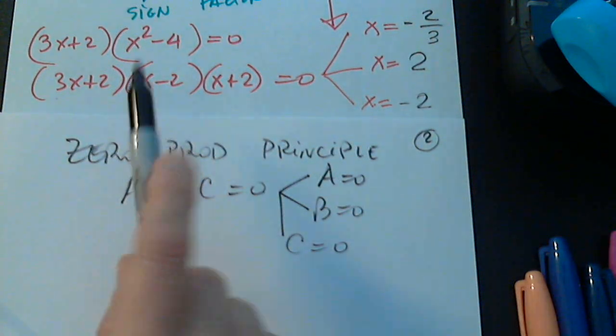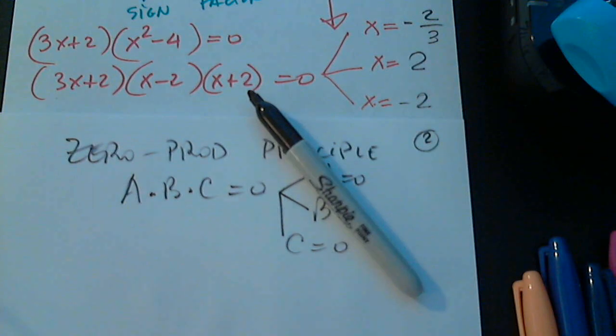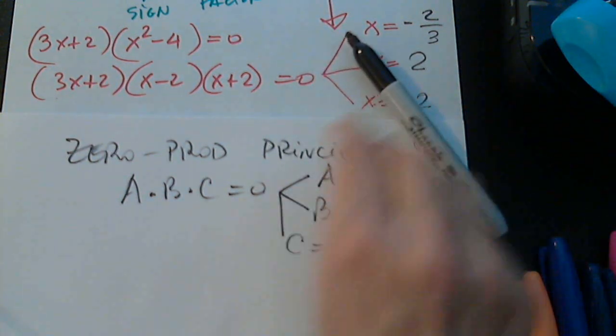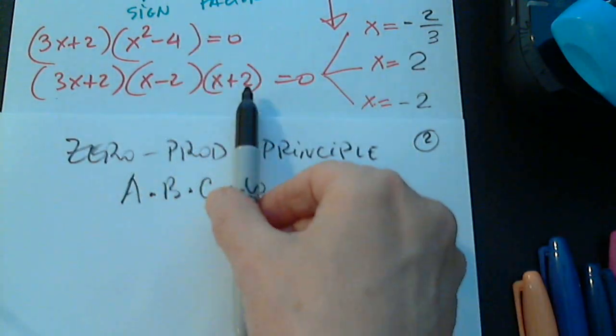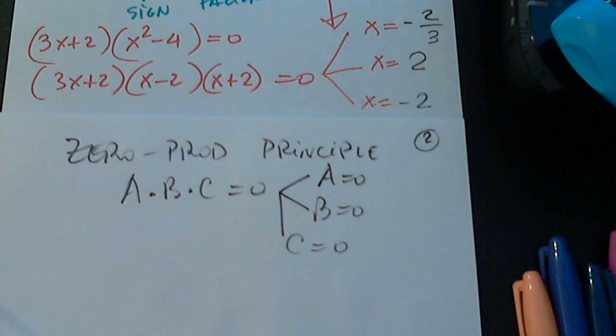When you set this equal to 0, you move -2 to the other side, and you get x equals 2. When you set this equal to 0, you move 2 to the other side and you get x equals -2. Is that okay? Is that good enough?